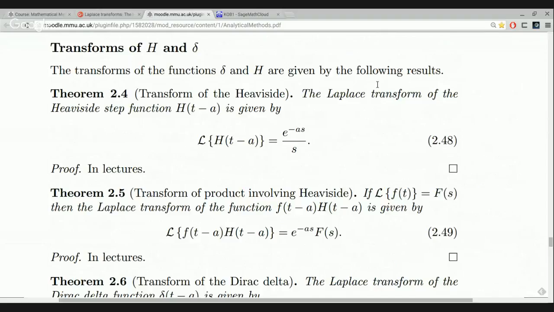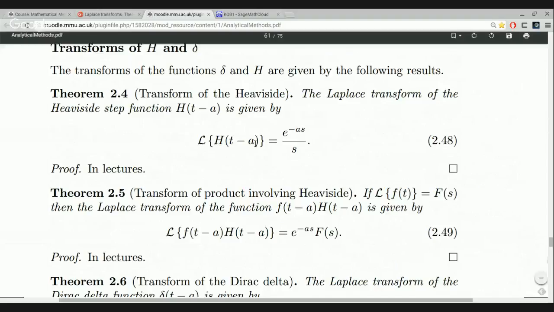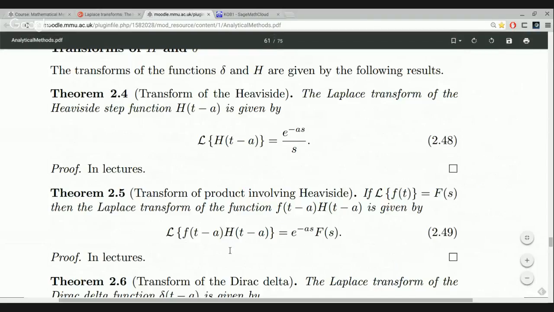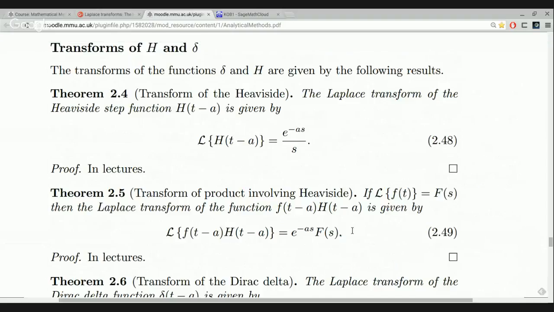If that's the case, then this theorem 2.5 tells us what the Laplace transform of this new function is, the new function f of t minus a times h of t minus a, and it gives it to us as a kind of shifted version of f, evaluated at s, multiplied by that exponential e to the minus as.